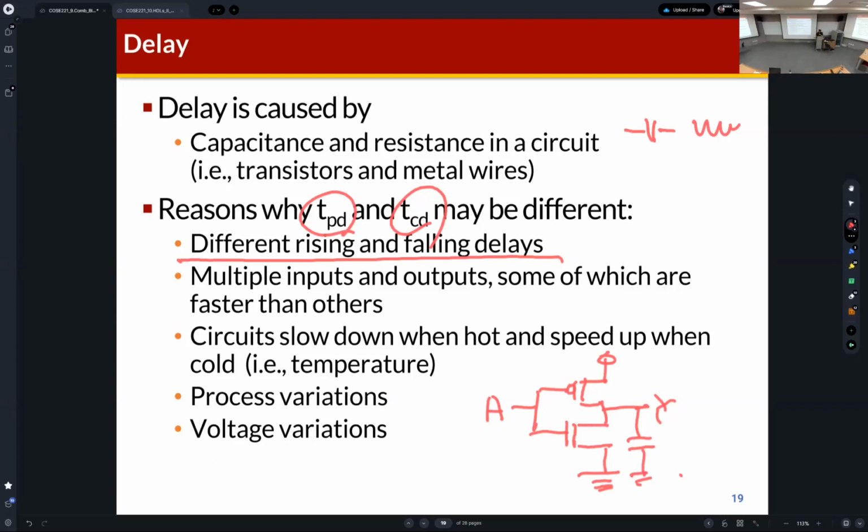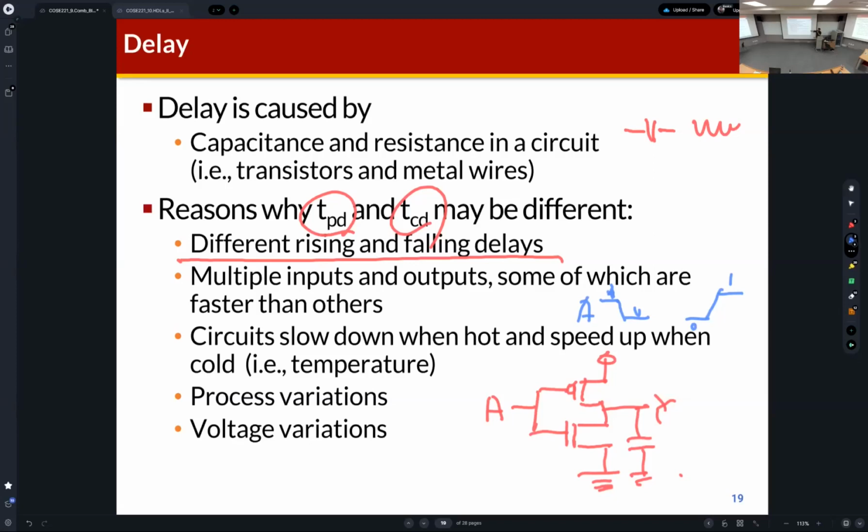So actually, when A is changed from high to low, from 1 to 0, then Y is changed from 0 to 1.